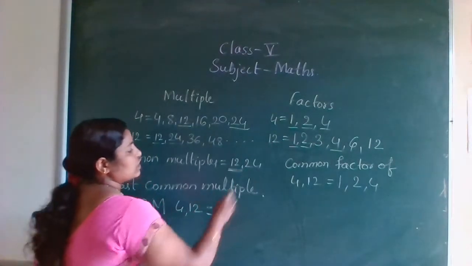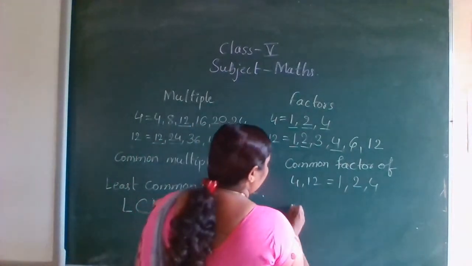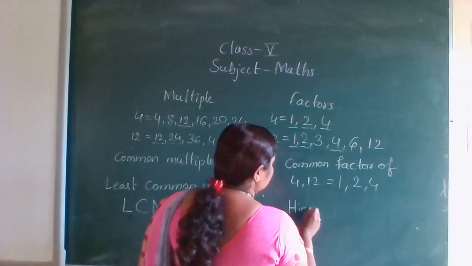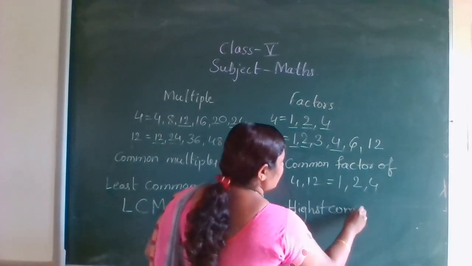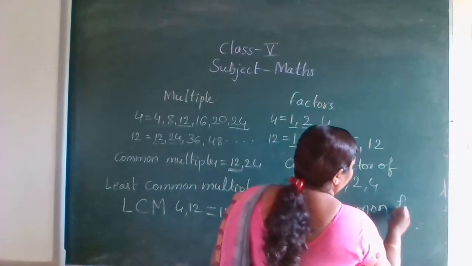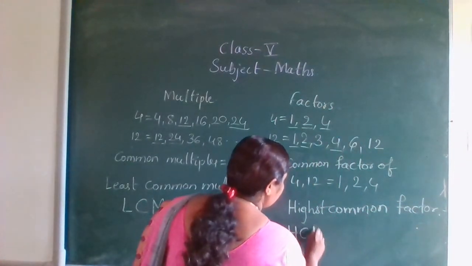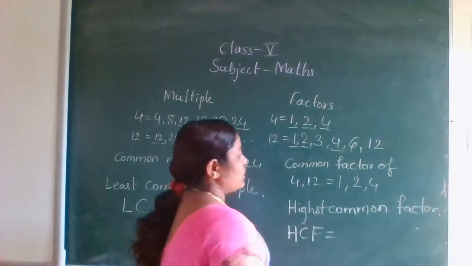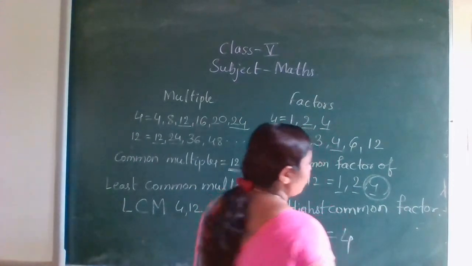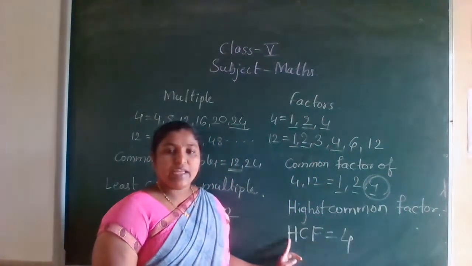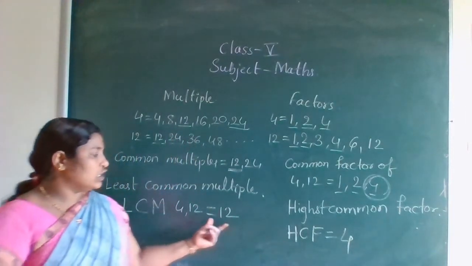So 12 is the smallest. So LCM is 12. Here, the highest common factor, HCF. HCF 1, 2, 4. Which is the highest one? 4 is the biggest one. So HCF is 4 and LCM is 12.